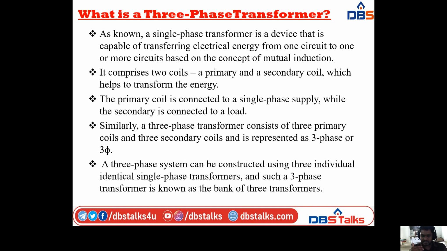The single-phase transformer consists of a single primary and a single secondary coil, but in this three-phase transformer, we have three primary coils and three secondary coils, and it is represented by the three-phase symbol.